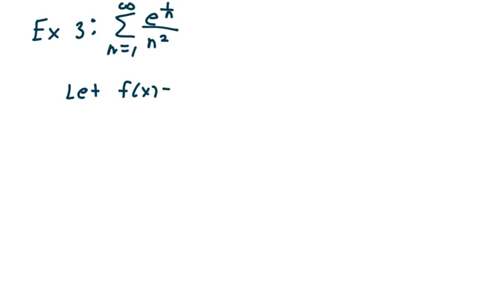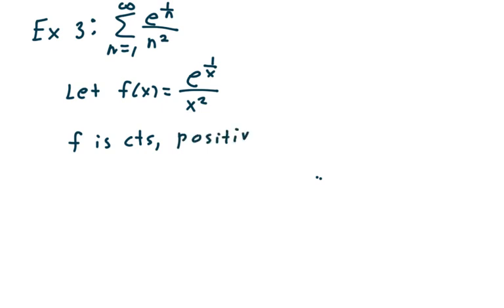So I'm going to let f of x be e to the 1 over x divided by x squared. So f is continuous and positive on 1 to infinity, right? To show f is decreasing, what is it that I do?